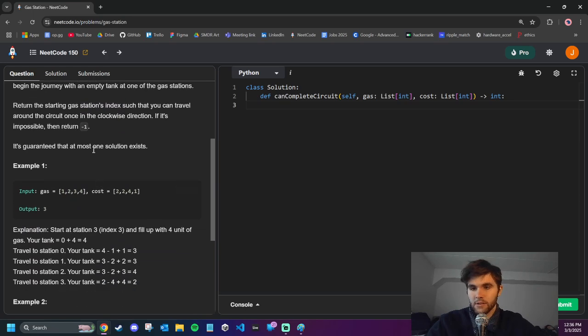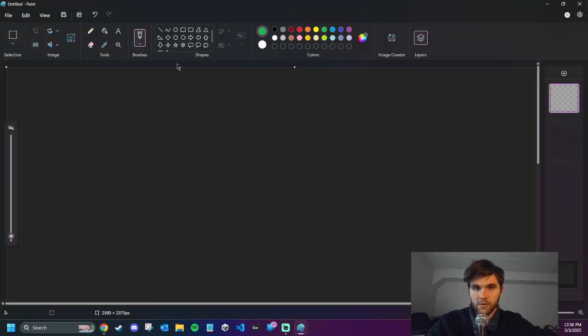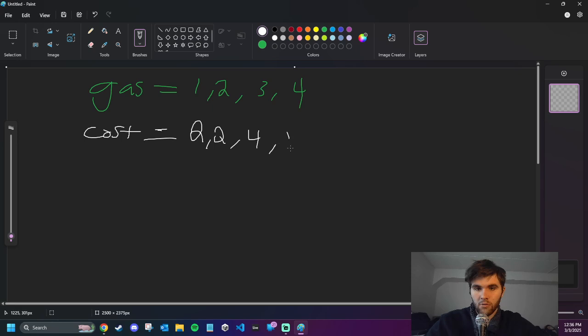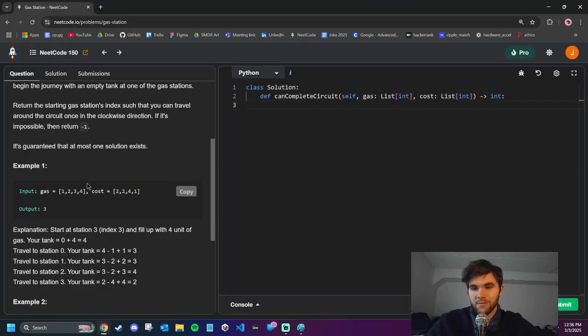All right, let's look at the test cases here. So here, I'm going to draw this out. 1, 2, 3, 4 is gas, and then we have cost, which will equal 2, 2, 4, 1.